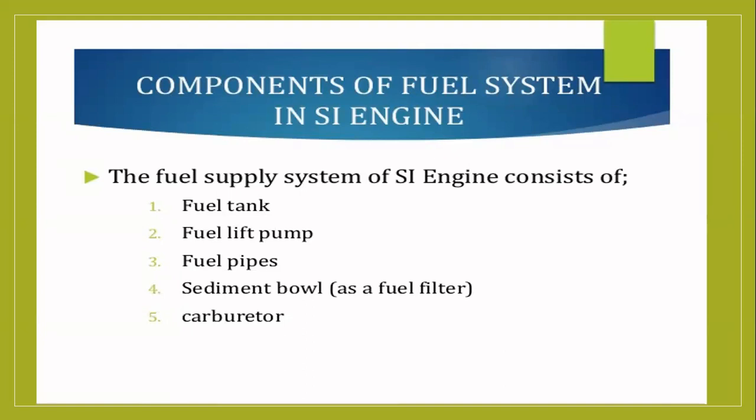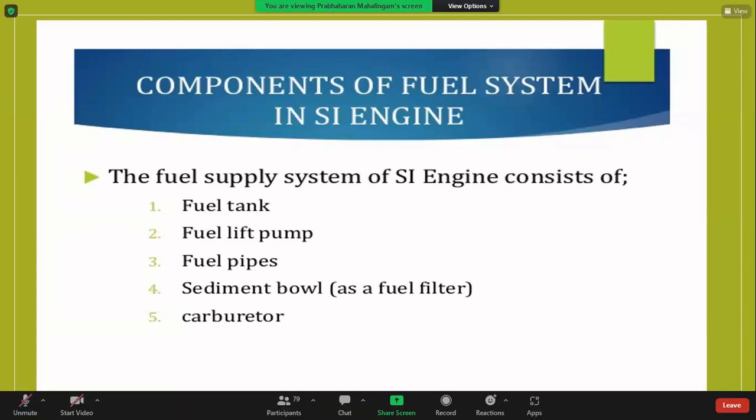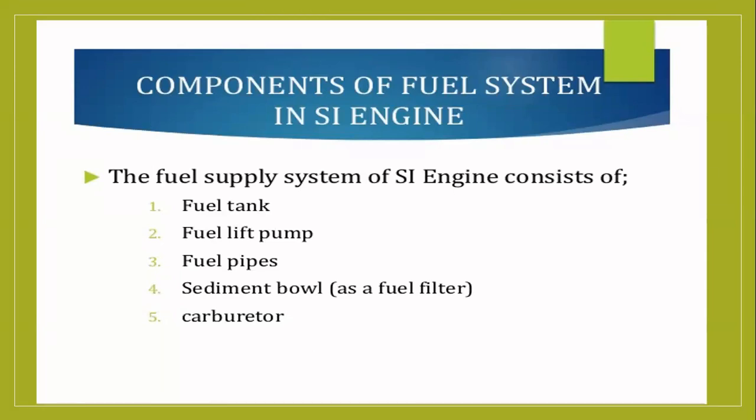Today we will see very quickly the fuel system. The components of fuel system in SI. What is SI? Spark ignition, right? Engines are classified in many ways. One is compression ignition, spark ignition, CI and SI.